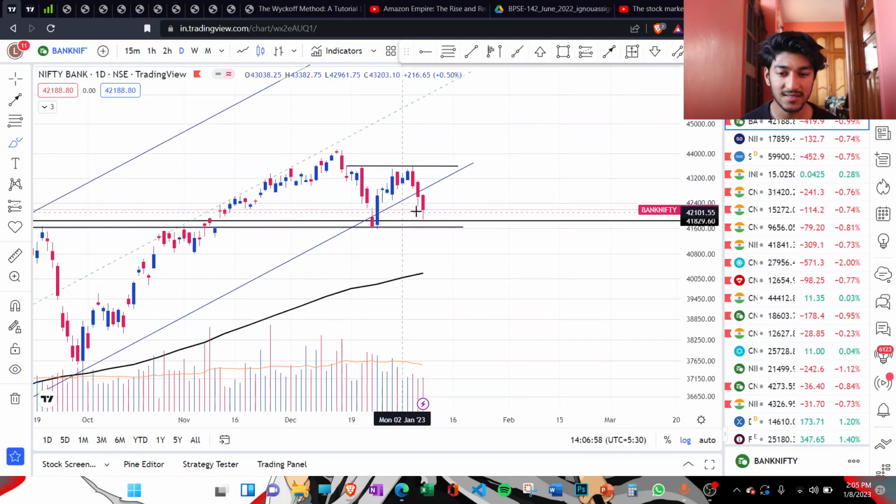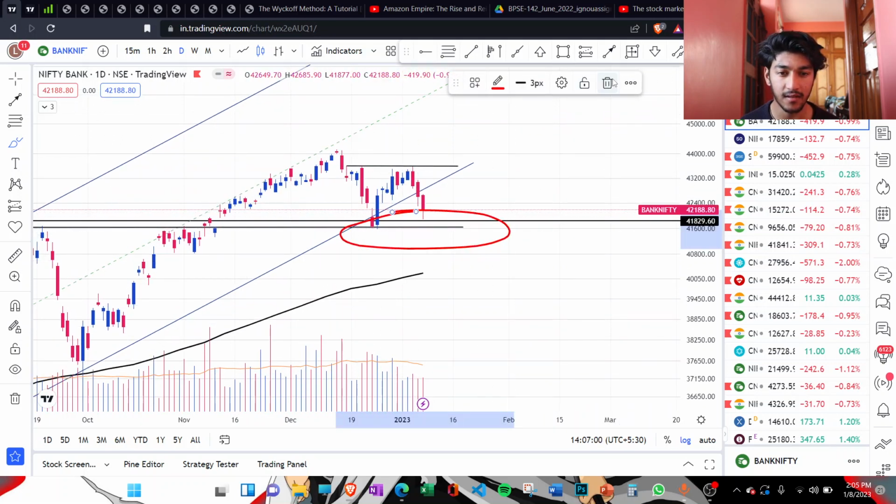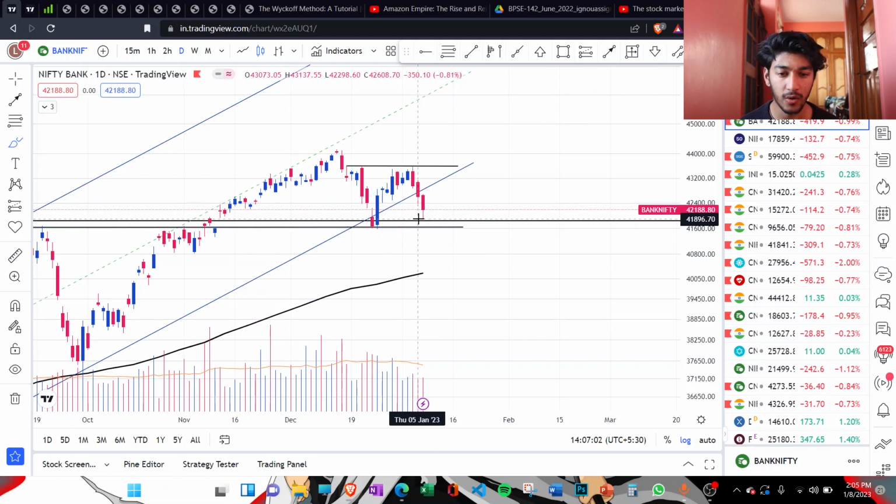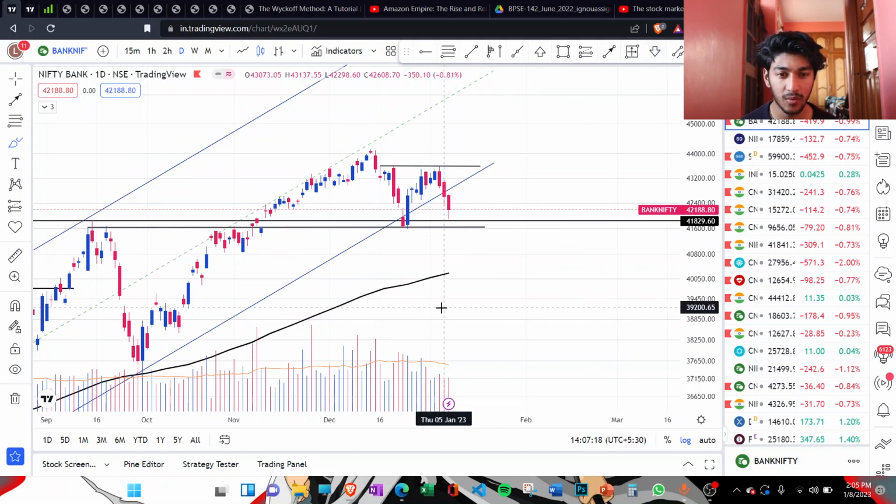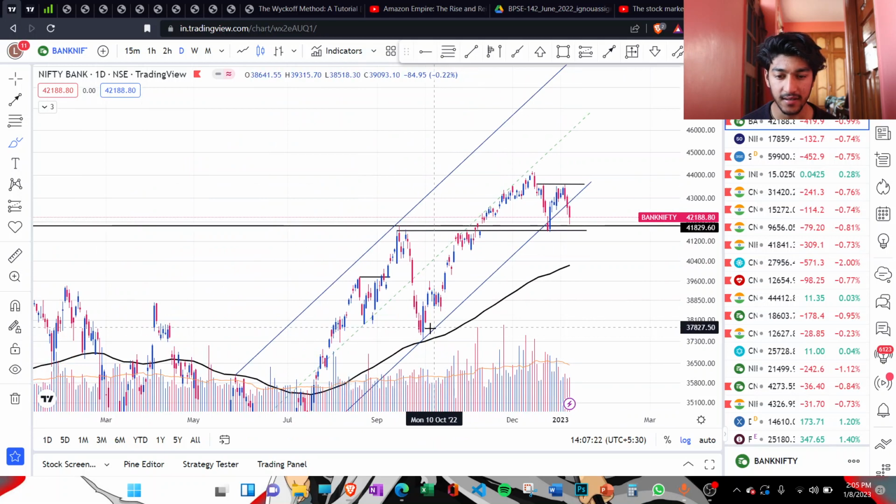Currently this whole area around 41,890, 820 to 41,640 something, this 70-80 point range, is acting as a really good support right now. The next support will come at the 30-week moving average. Earlier, during the earlier correction as well, the price took support here.